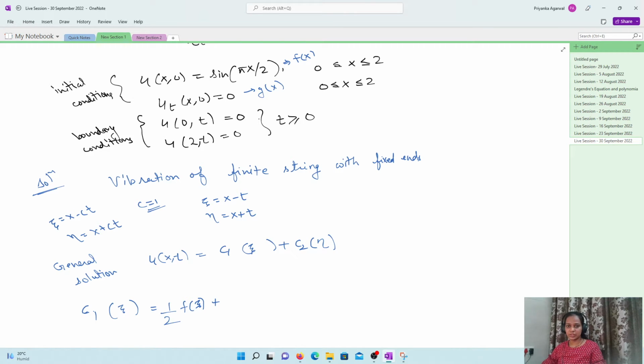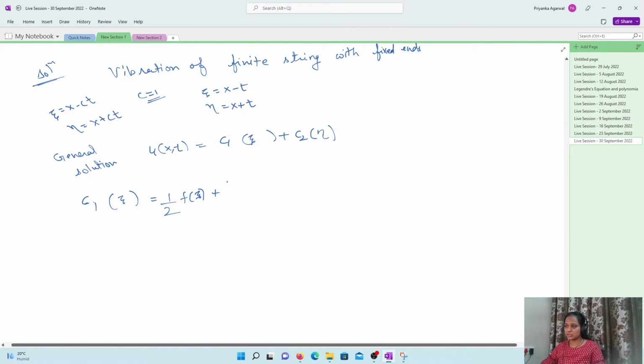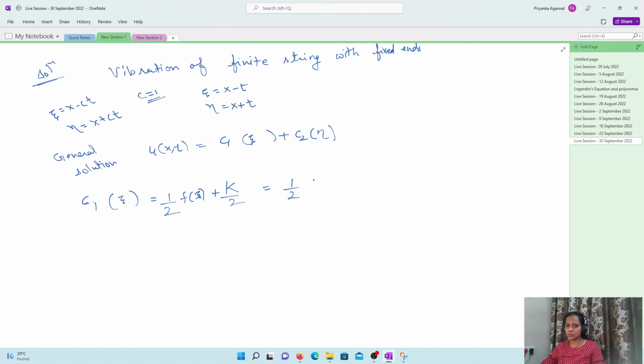So basically we are writing that g part, the summation of all that, as capital K by 2. So this becomes 1 by 2 sine pi xi over 2 plus K by 2 for xi between 0 and 2.